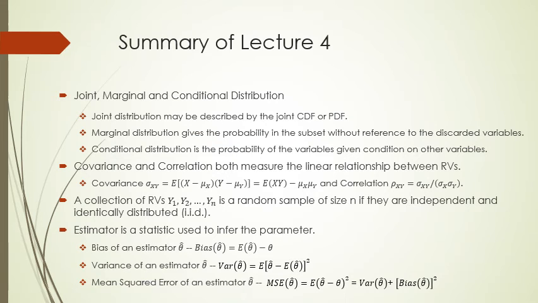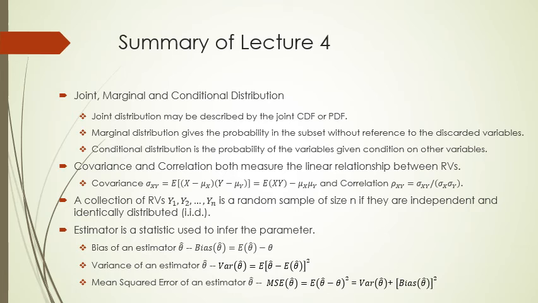In summary, we studied joint, marginal, and conditional distributions, covariance and correlation, random sample, and estimator in this lecture. When we have more than one random variable, we have the joint distribution that may be described by the joint cumulative distribution function or the joint probability distribution function.